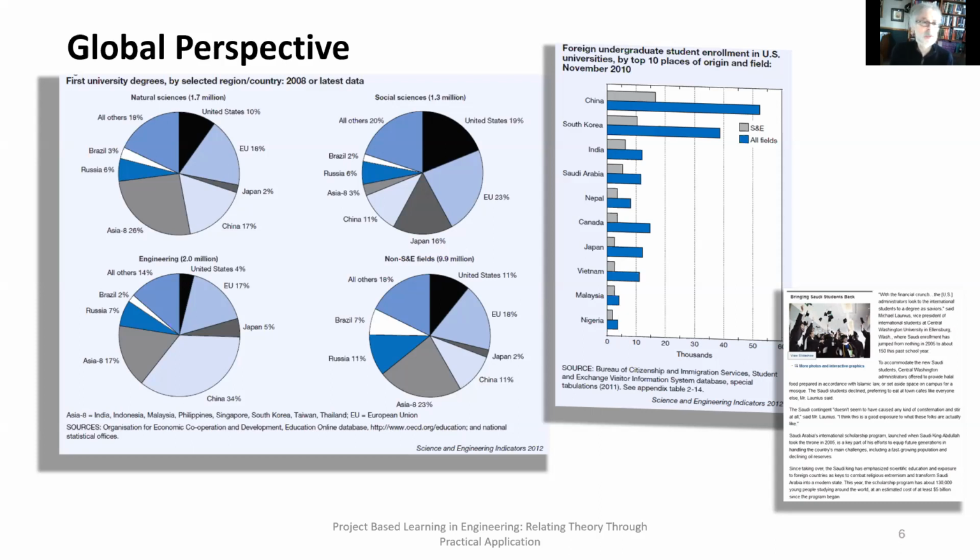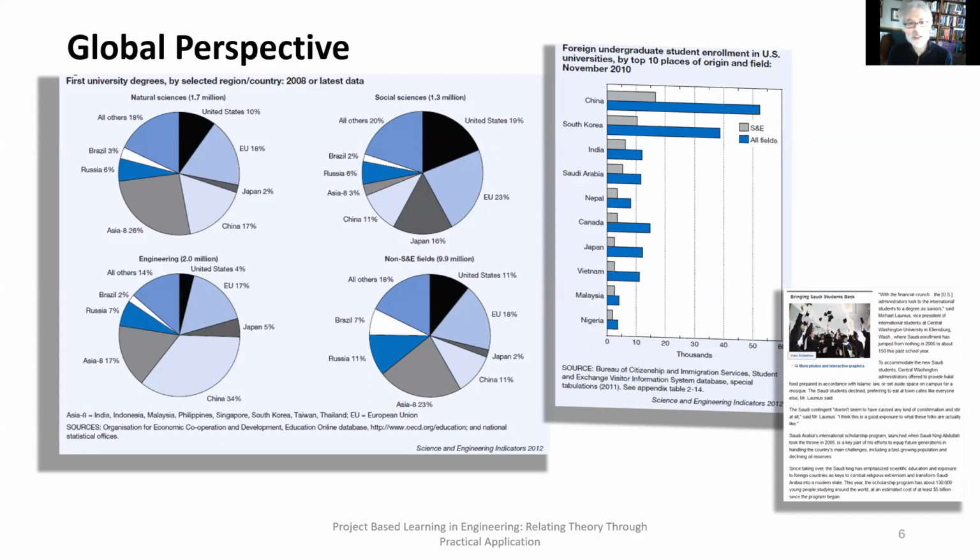They represent different disciplines. The first circle is natural sciences. I don't know if you can read that, it's very small. I screenshotted that from their report online. The second one is social science. And then in the second row, you have engineering and non-science and engineering. The United States is the black slice of pie.